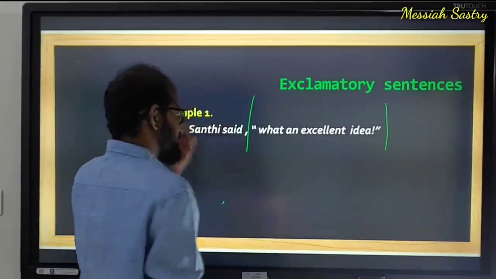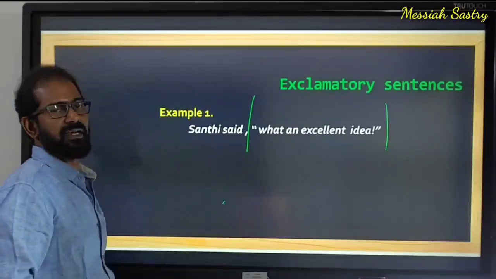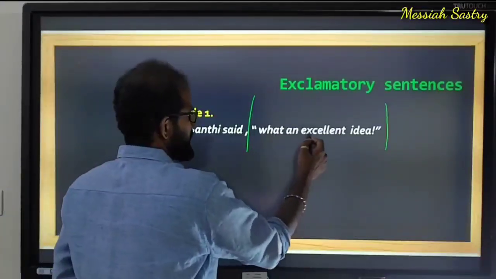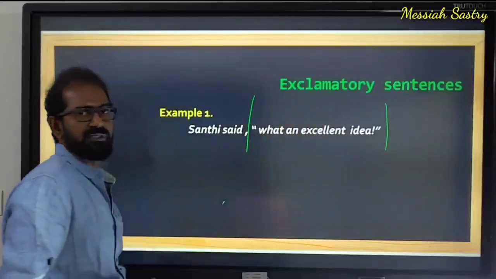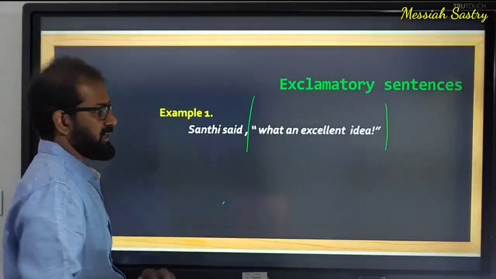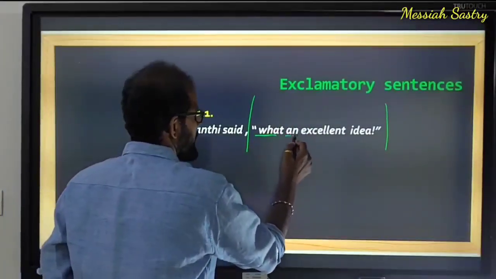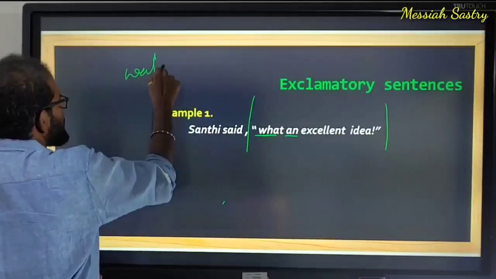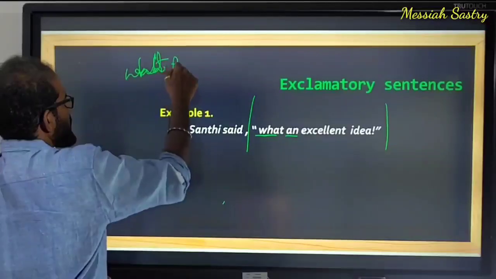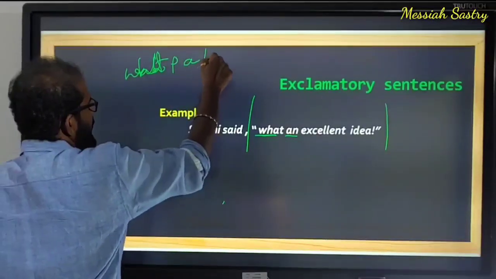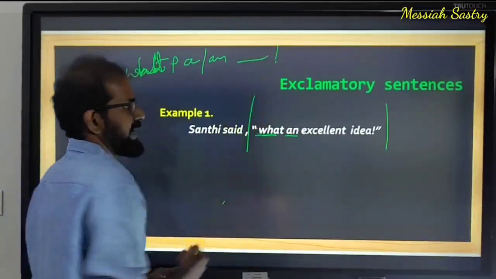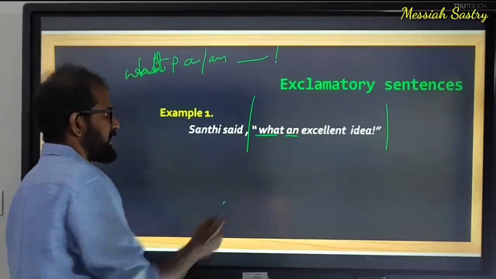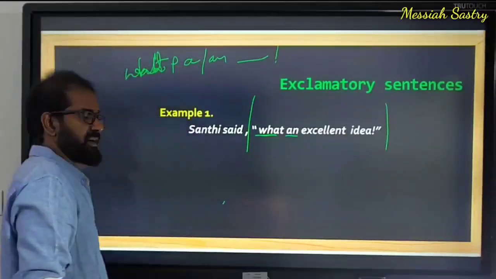The sentence in inverted commas is called the reported clause. Here the reported clause is "what an excellent idea." What kind of sentence is it? It begins with what and then an. What plus a or an is an exclamatory sentence. Now the given sentence is an exclamatory sentence.